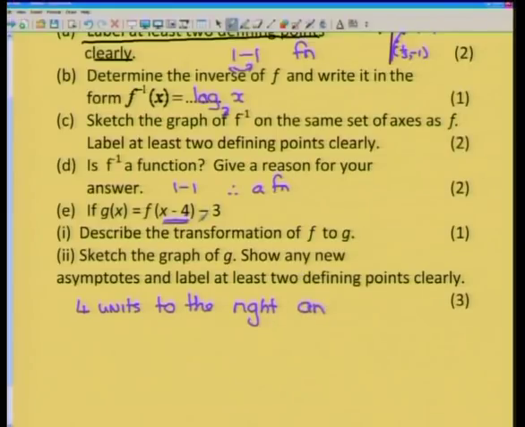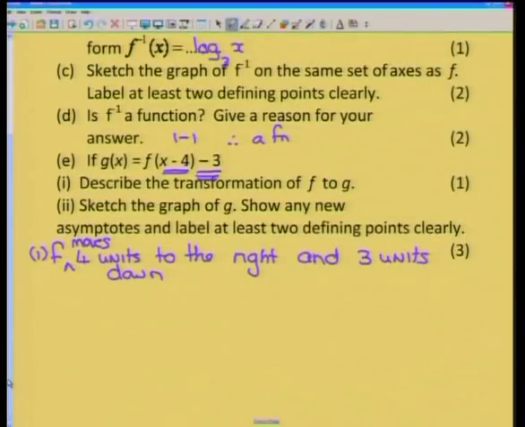And this is minus 3, 3 units down. So we can say f moves 4 units to the right and 3 units down. And that would give me the answer for number 1.